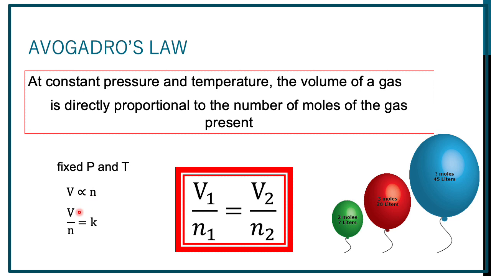Putting n on the left side, V over n equals k. When you have two values of V and two values of n, you can use the main formula: V1 divided by n1 equals V2 divided by n2. This is the formula for Avogadro's law.